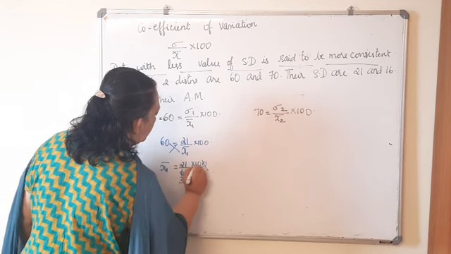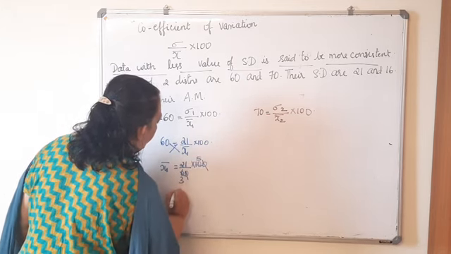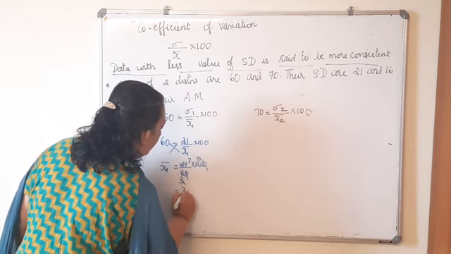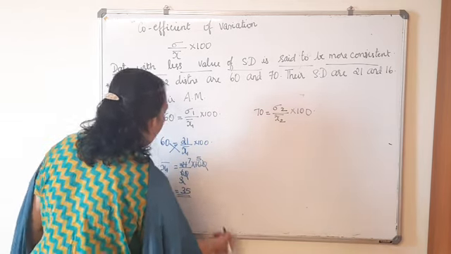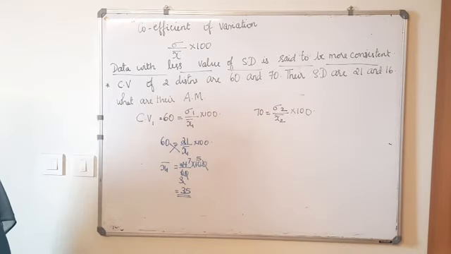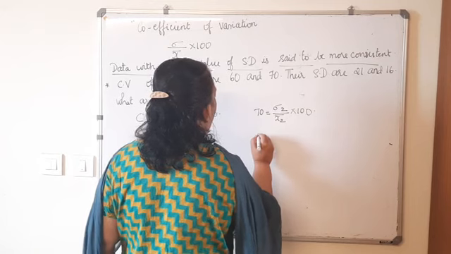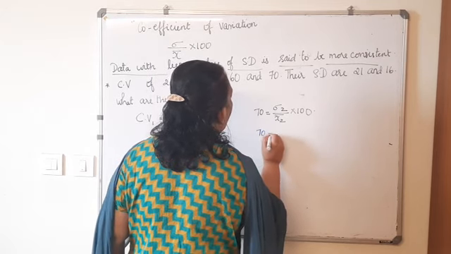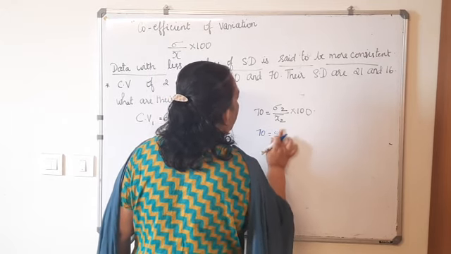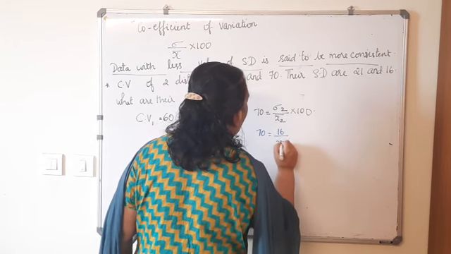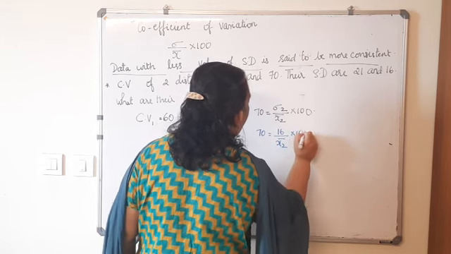21 by 60 into 100 gives 35. So mean for the first data is equal to 35. In the second case, 70 is equal to 16 by x2 bar into 100.